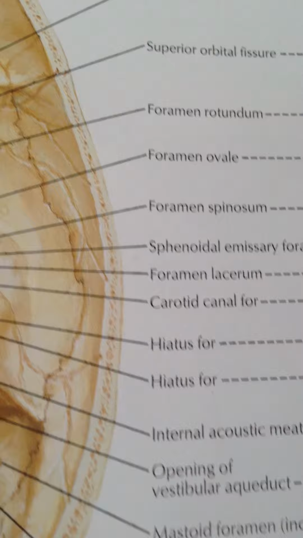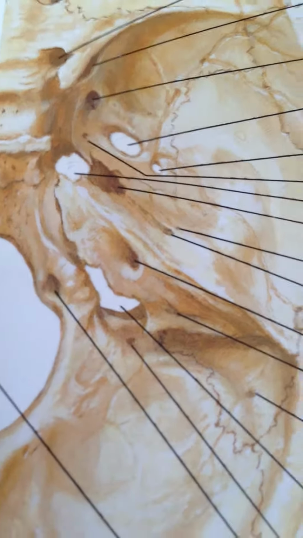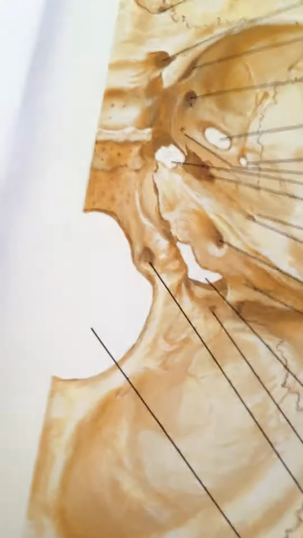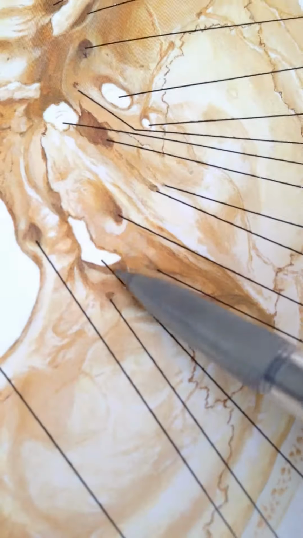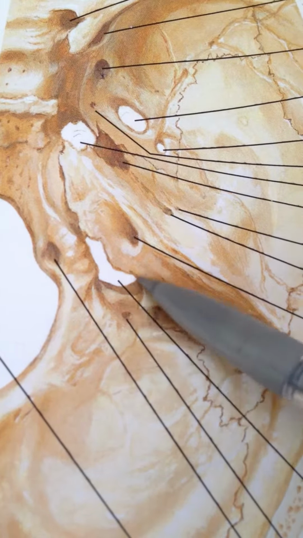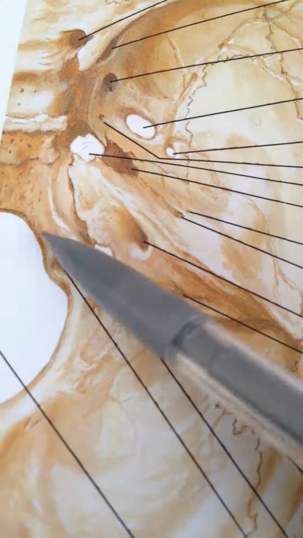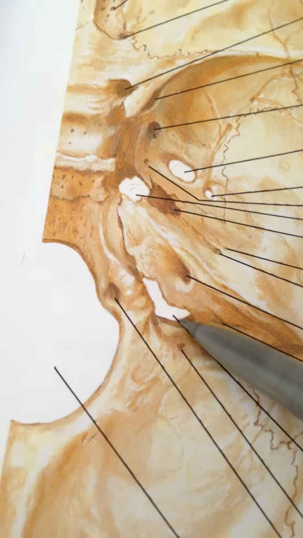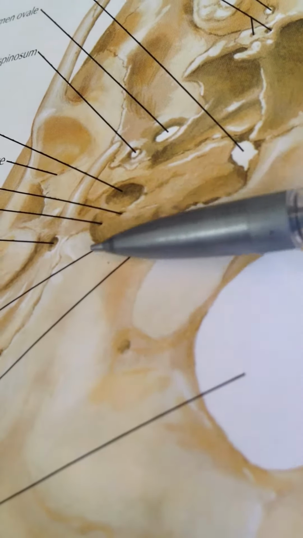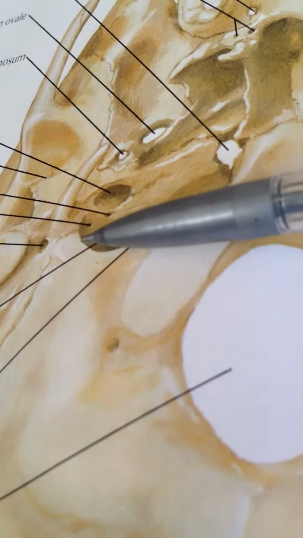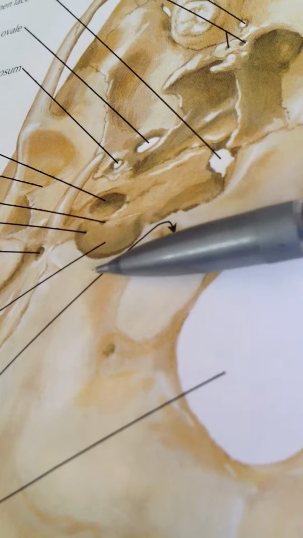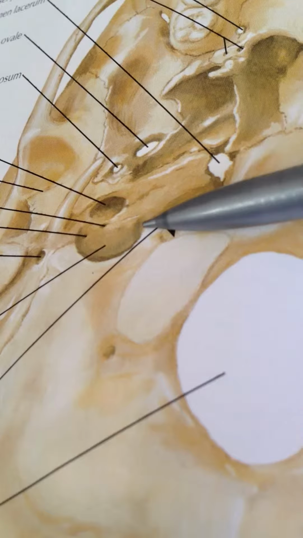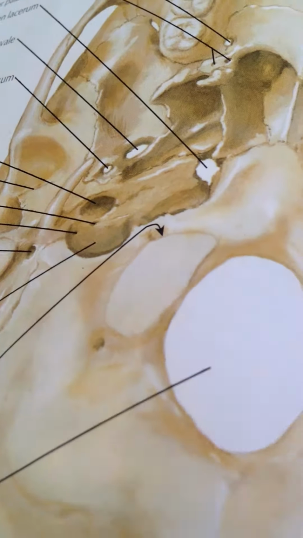On page 13, you're going to see the jugular foramen, which is right here, and it is used for the drainage of the sigmoid sinus. Now, this will be the internal surface. If you look at the external surface, right here, it becomes the jugular fossa, and originating from this jugular fossa, you're going to have the internal jugular vein.